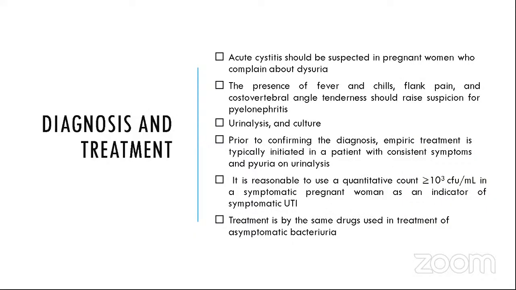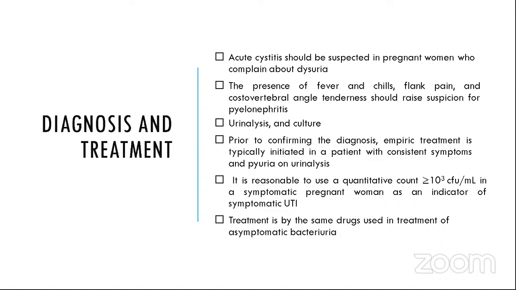The diagnosis of acute cystitis gives us dysuria. Next, fever, chills, flank pain, and tenderness on the costovertebral angle. Urine analysis will give us the clue, and the culture will give us the line of treatment.